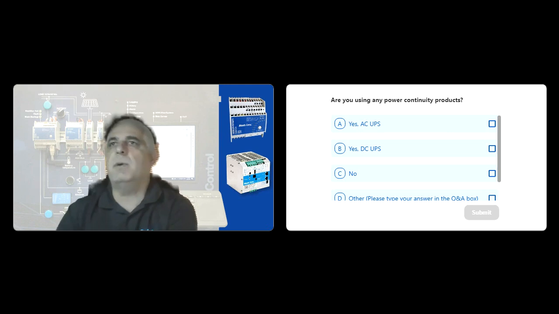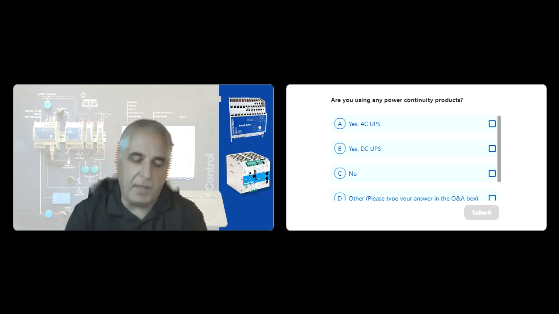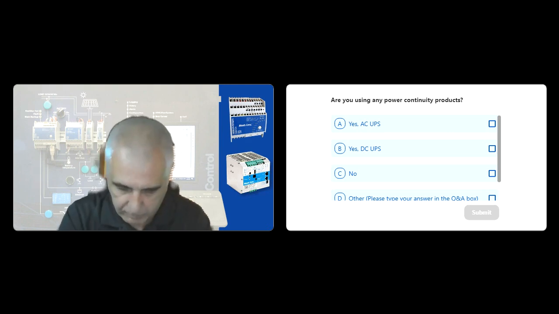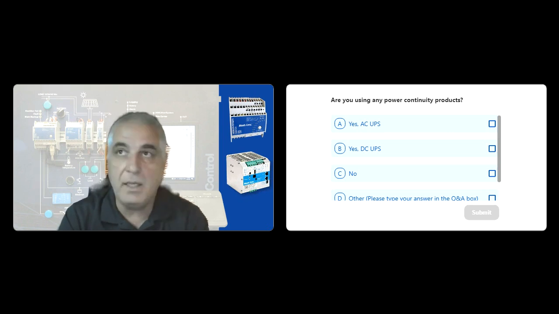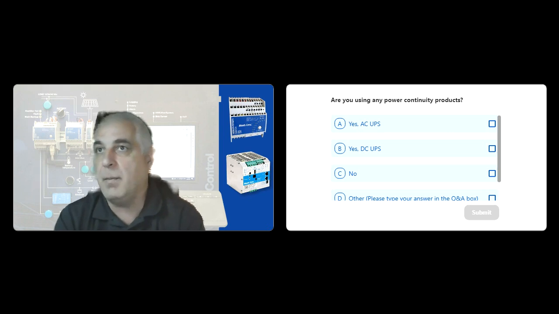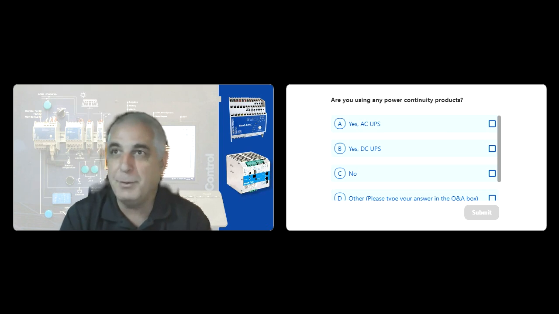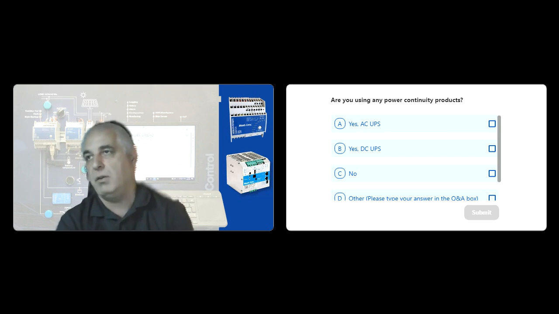Yeah, so the question is about the UPS systems, obviously, and we would like to know what type of UPS system our customers or prospective customers are using: if you use any AC-based UPS system, DC type UPS system, if you don't use any, why you don't use any, or if you use something else other than UPS, what you're using and why.